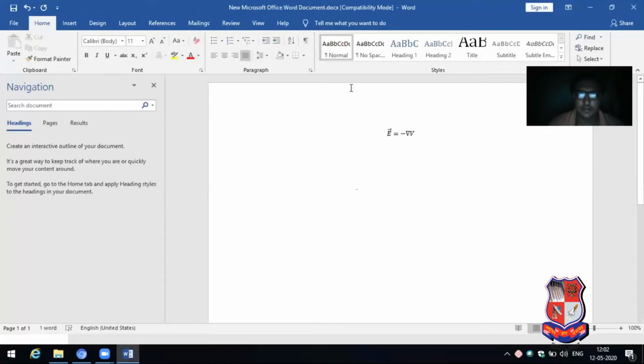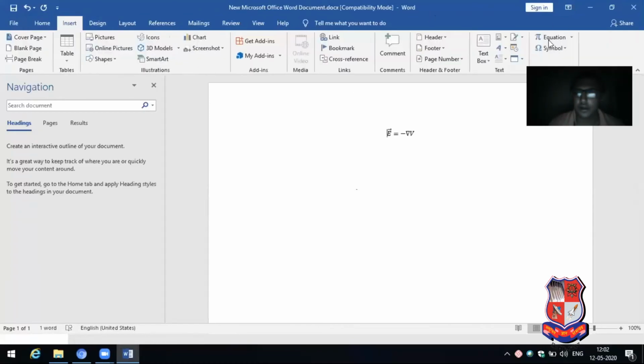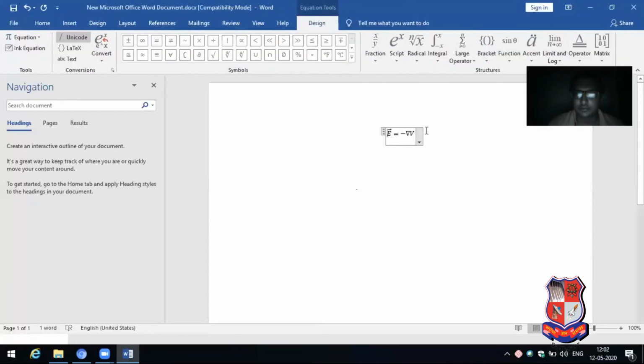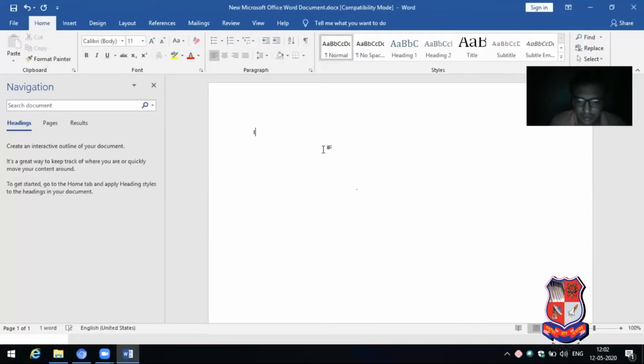See this, insert equation. First equation: I equal to, what is the continuity equation?